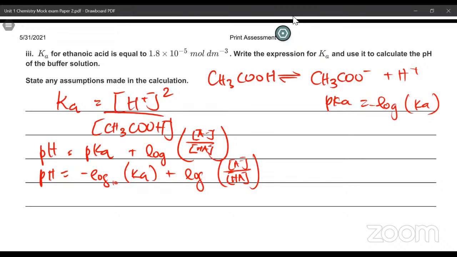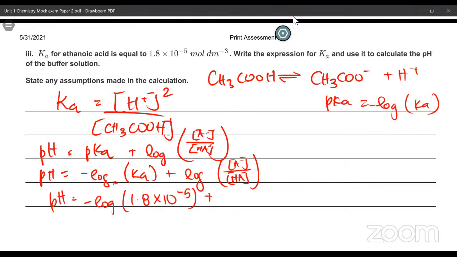Now you can just substitute. So pH is equal to minus log to the base 10 of Ka that they gave us, which is 1.8 times 10 to the minus 5. You don't have to write the units into your equation because it can become quite cumbersome.